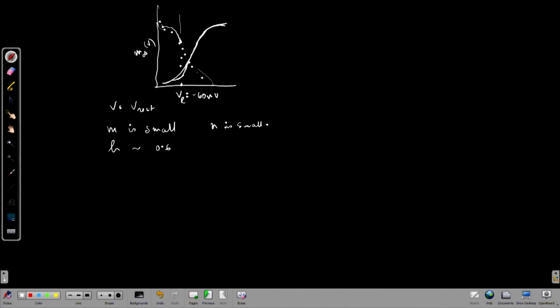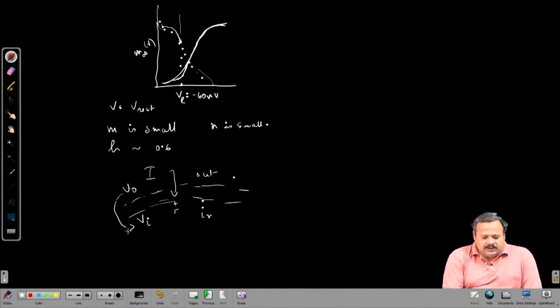So, let us say this is outside and this is inside, which means positive ions have gone in. That means, if this is our V_in and V_out, so this is the membrane, since positive ions have gone in, this V_in minus V_out increases. So, delta V is increasing, which is this axis here, in this curve.